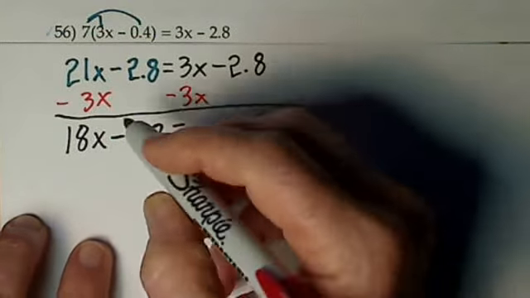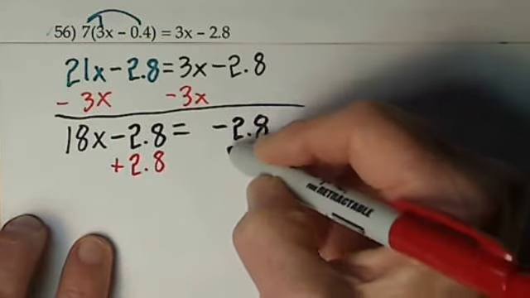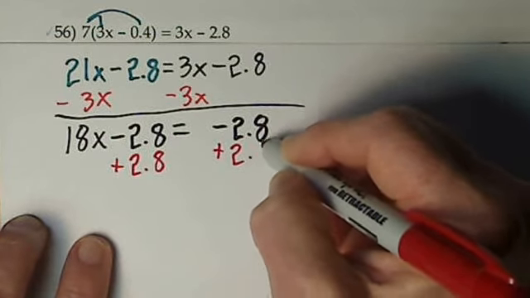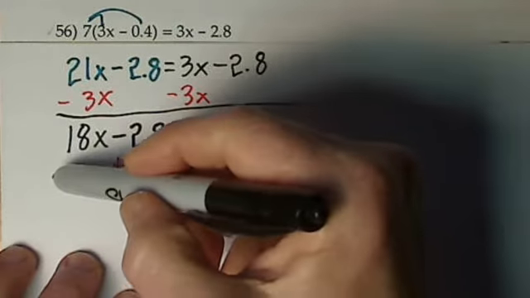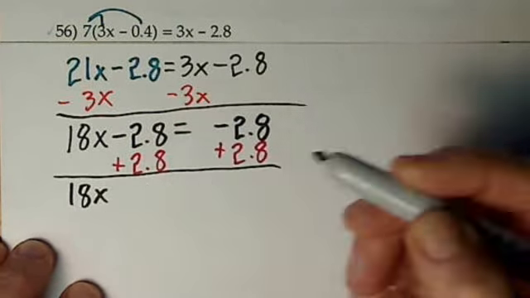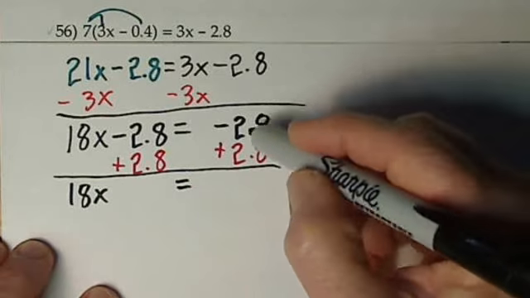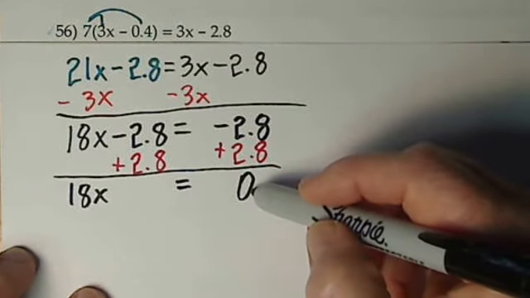So anyway, I want to get rid of a negative 2.8. Here's a positive 2.8. Here's another positive 2.8. Have to do the same thing on each side of the equal sign. And this leaves us with 18x equals 0. You know, usually when I have a 0, I don't bother to write it.